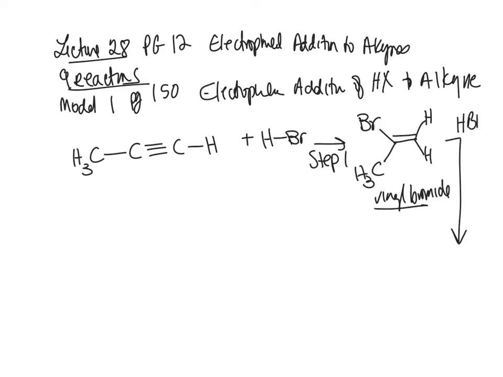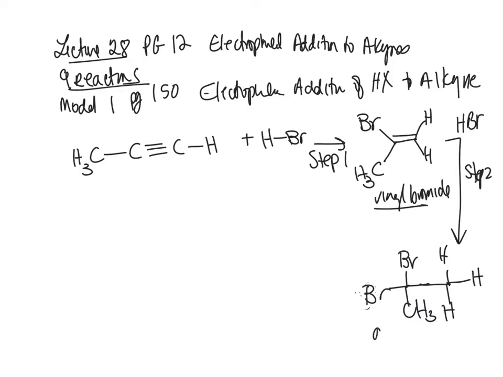And then we add a second addition of HBr, step 2, and what do we get as our functional group? If you're filling out your reaction sheet, your starting material would be an alkyne, your reagent would be HBr, and you would get a geminal dibromide.